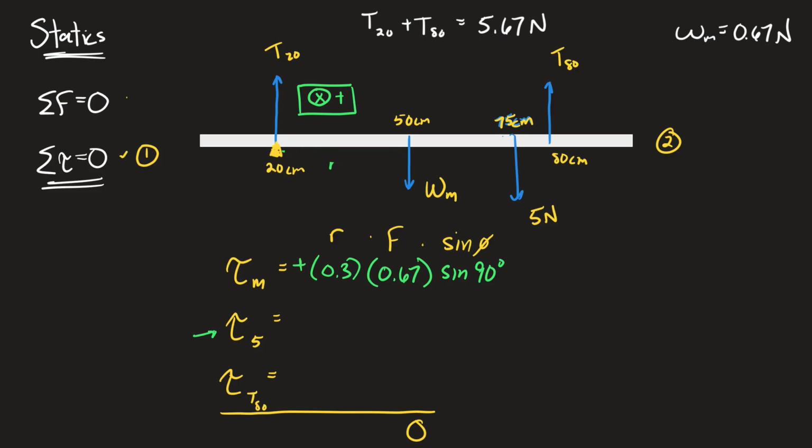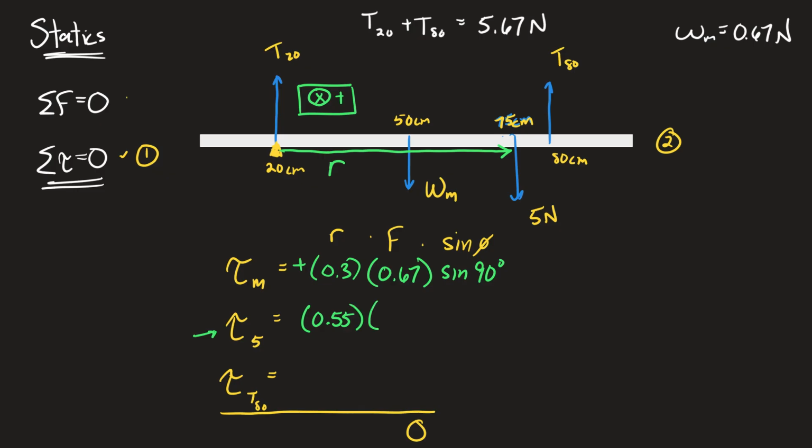All torque arms are from the pivot point to where the 5 Newton weight is acting on the system. So that's my new torque arm, and that goes from 20 centimeters to 75 centimeters. So that's a distance of 55 centimeters. So my torque arm is going to be 0.55, because I have to put it in meters.